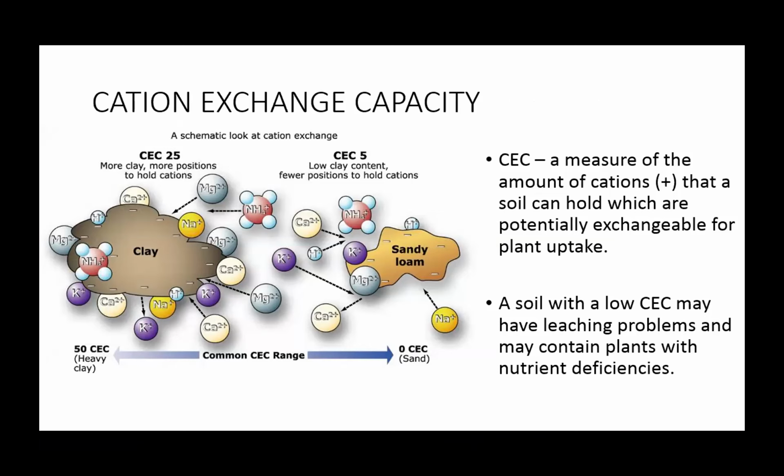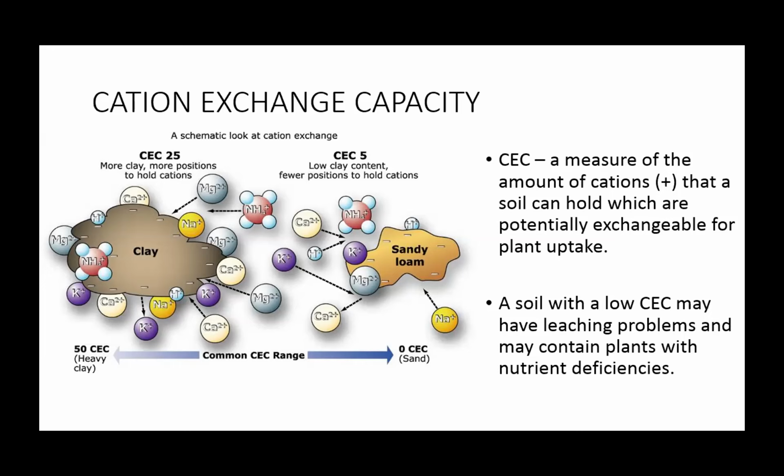So cation exchange capacity is the measure of the amount of cations that a soil can hold, which are exchangeable for plant uptake. So this is how many nutrients that the plants need that the soil can easily hold on to. How much of that can your soil hold?